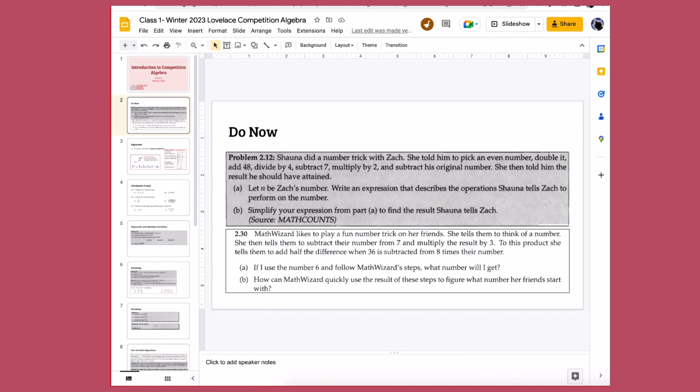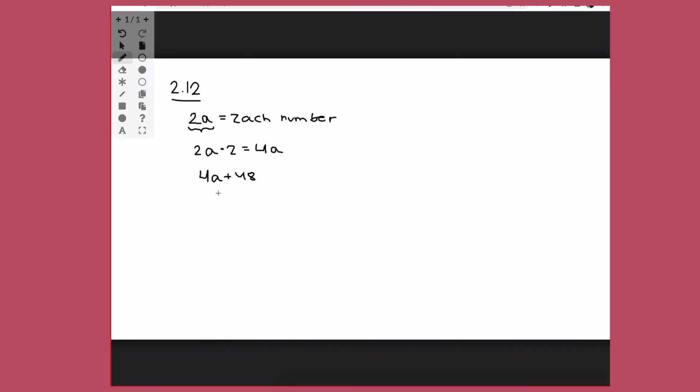I think that's right, but I'll go over it just in case. So this is the number we get after adding 48. Then after that, it says she divides by 4. So now you get a plus 12.